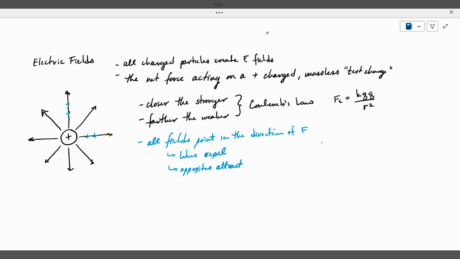And as we evaluate these lines, the farther away we get, the weaker that field is. And that makes sense if we look at the distance between the lines. The distance between the lines tells us the strength of the field.